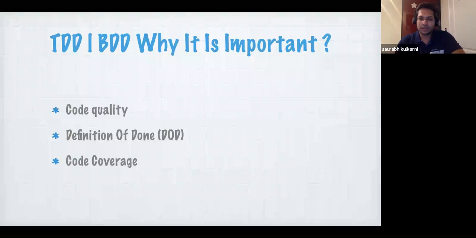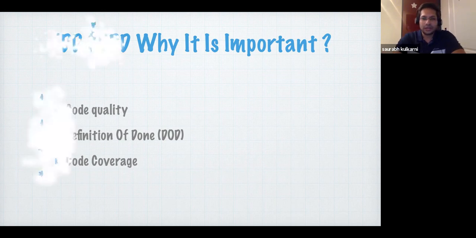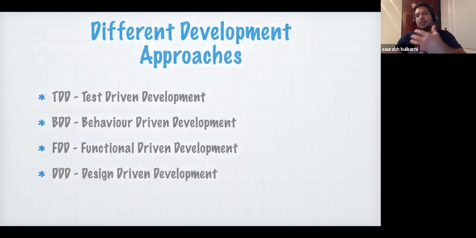Whenever you see any job description for a developer's role, a quality engineer's role or a software engineer role, TDD and BDD skills are being asked for there. So let's see the different approaches.